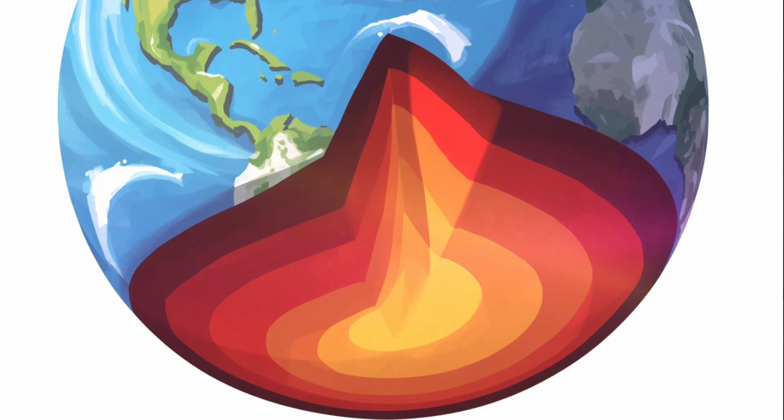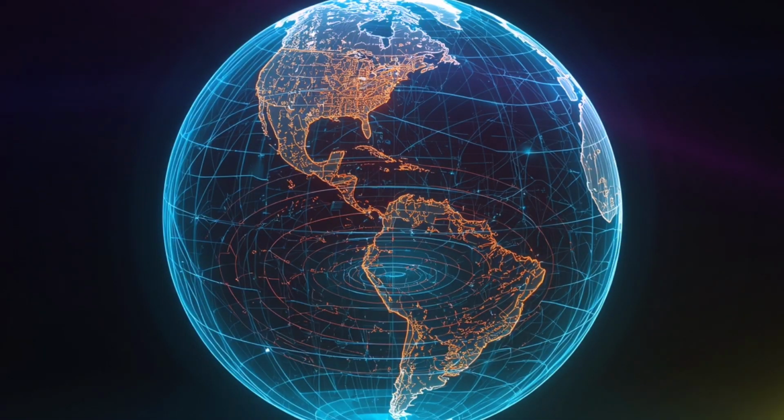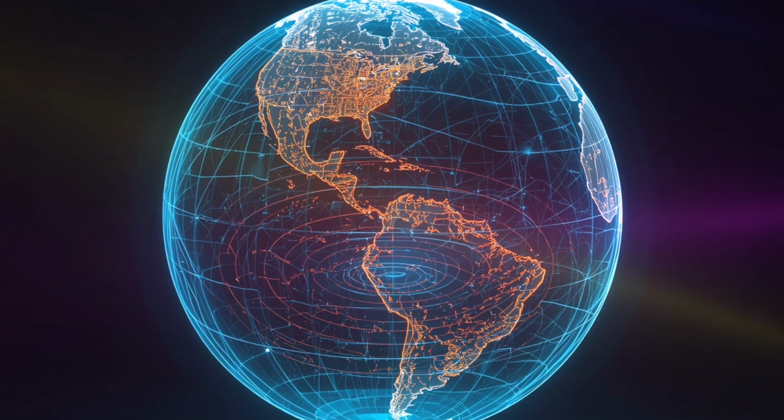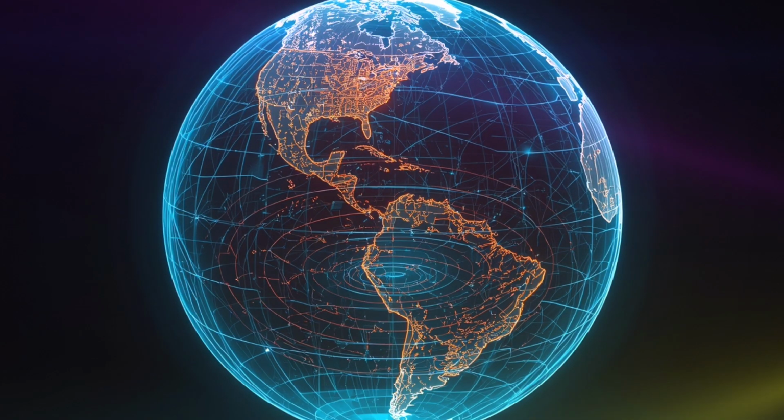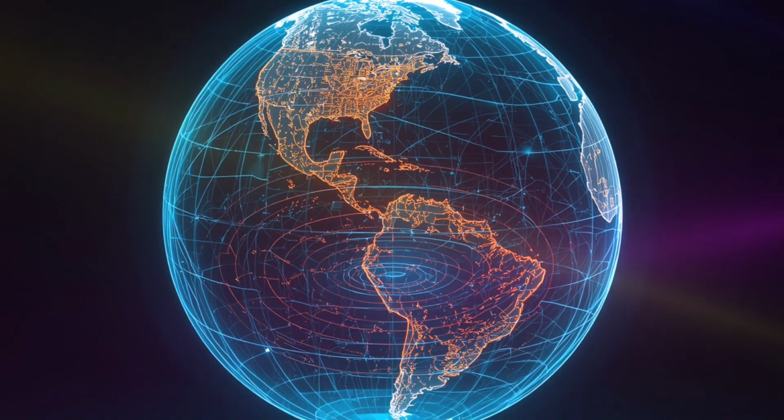Even deeper beneath the crust, Earth contains several internal layers that differ in temperature, material, and behavior. The outermost layer, the crust, is relatively thin compared to the rest of the planet, and is the layer on which humans live. Below the crust lies the mantle, a thick region of hot, slowly moving rock. The movement within the mantle is one of the major reasons why tectonic plates shift.